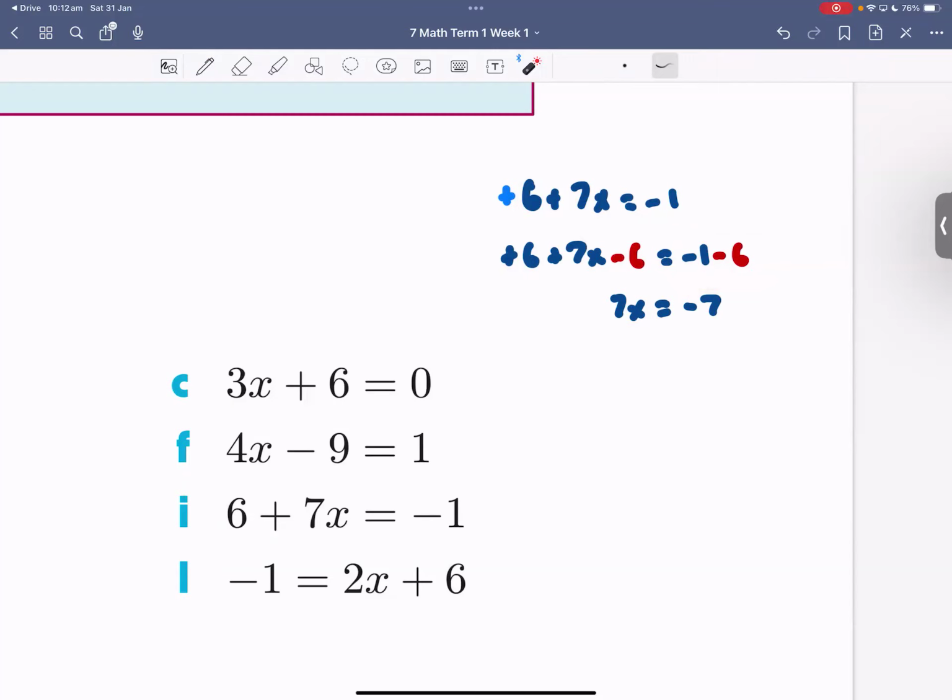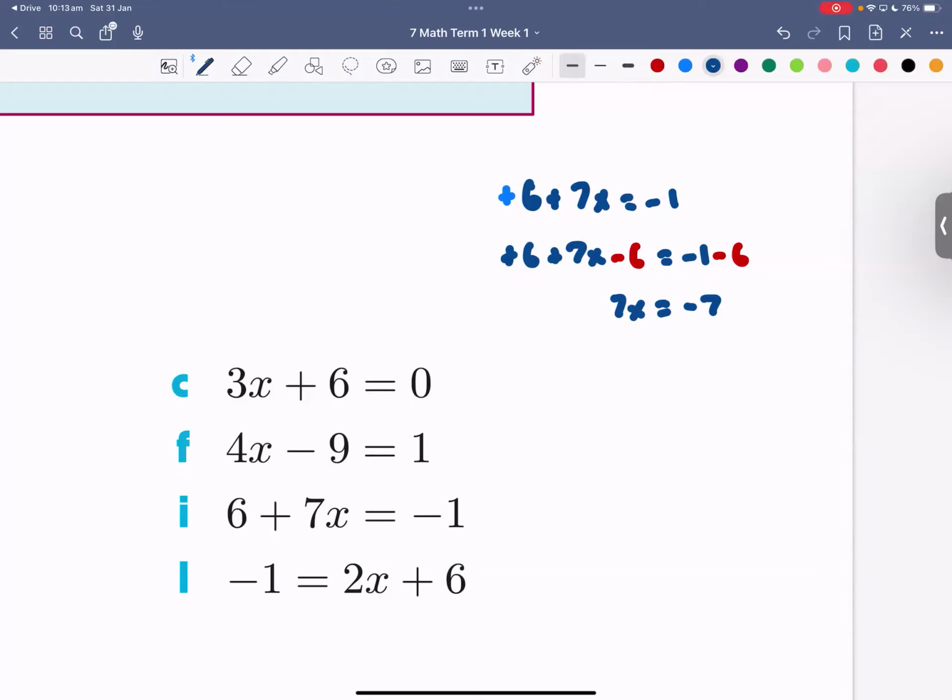Then everyone tells me, oh yeah, that's -$7. As soon as I write dollars, everybody seems to get it. But then when I do -1 take 6, some people will be like, 5. No. But when I use the word dollars, -$1 minus another $6, then everyone goes, oh yeah, that's -$7. Okay. So if you're not good at negative numbers, put a dollar in front of the number and see if that makes it easier for you. Because you're all greedy and just into money, and that's why you understand it.